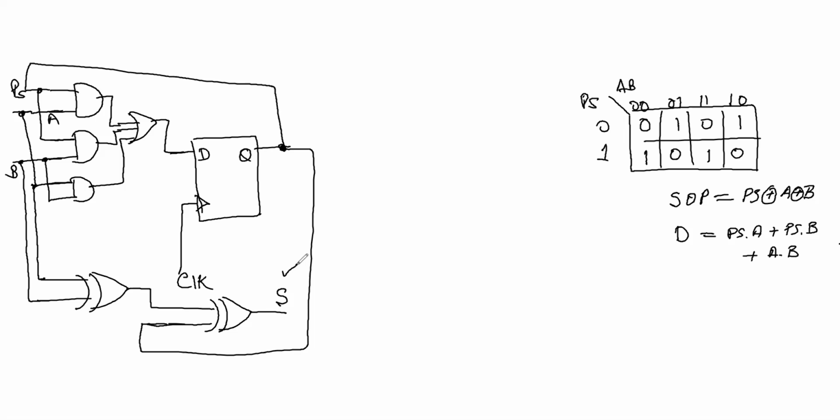Is that clear to everyone? Any doubt in this? If you have any doubt, please let me know. Now I am leaving you with a problem. Try and do the same using a Moore machine.